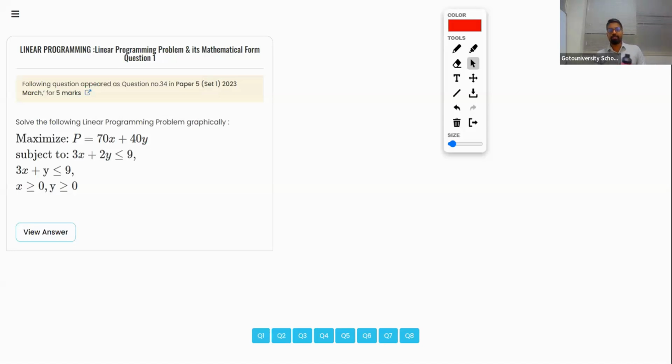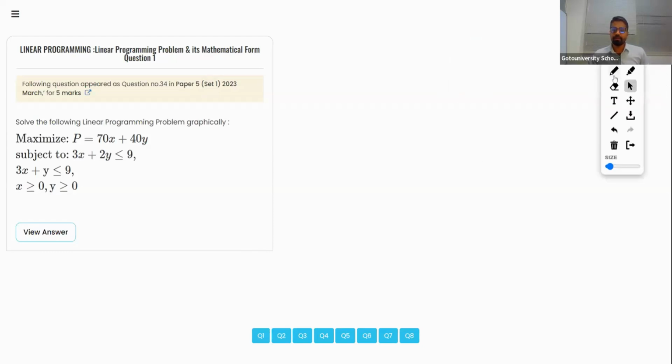They're asking us to solve it graphically. Let's try to draw the graph as well. Solve the following linear programming problem graphically.